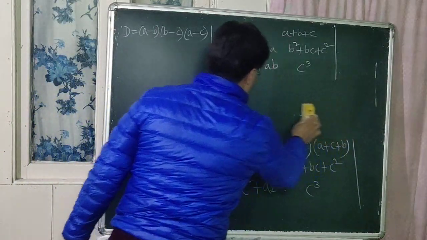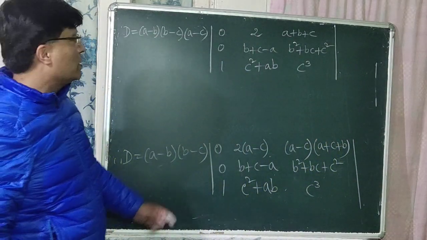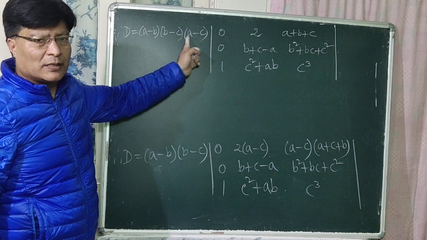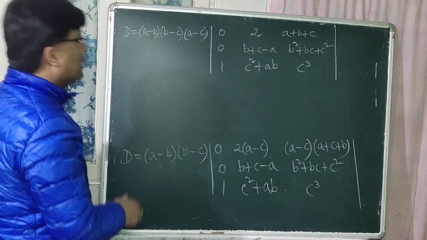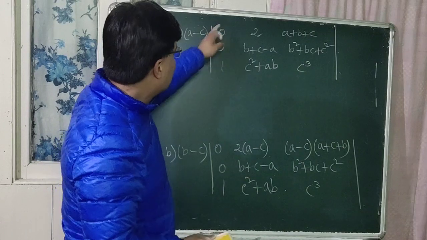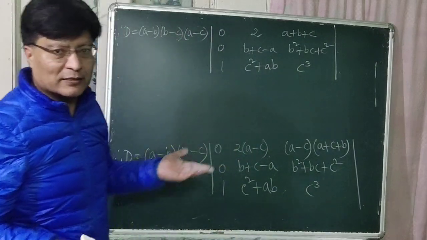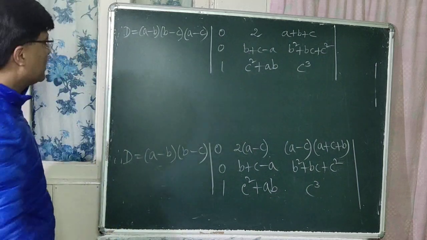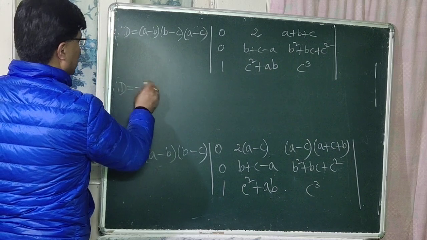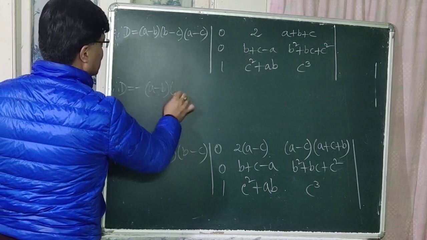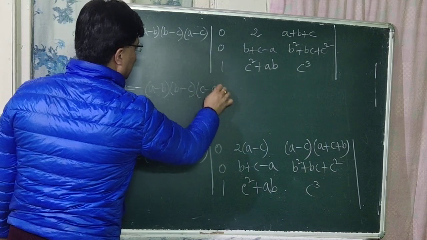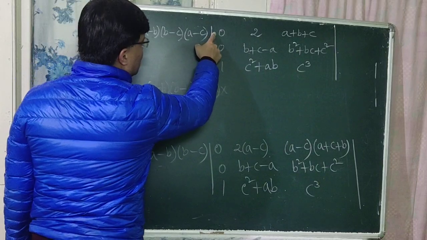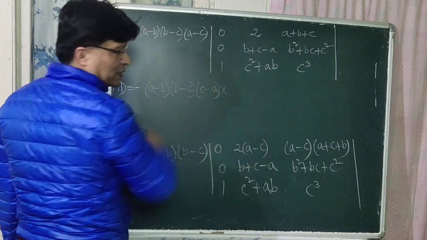Okay. Now next step. The question मा तिमीहरुको हेर त राइट एन्सर मा यो के छ? माइनस अगाडि चाहिँ यो C minus A आउँछ. That means you can take common here. And now in this determinant you can expand it with respect to the first column. Now you know how to expand the determinant, isn't it? तिम्रो अब चाहिँ पर्फेक्ट भएको हुनुपर्छ यो एक्सपेन्सन गर्नु. बुझेको छैन? So therefore D is equal to minus (A minus B)(B minus C)(C minus A) into, अब फर्स्ट कलमबाट एक्सपेन्सन गर्दैछौं, plus 0 minus 0 plus 1.